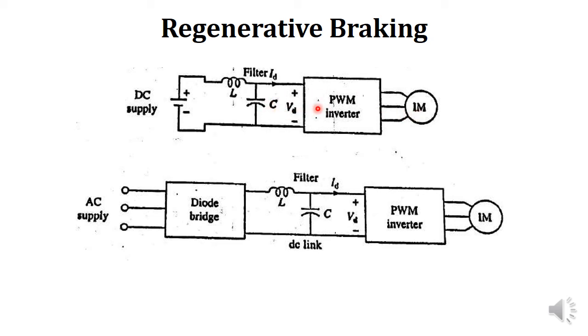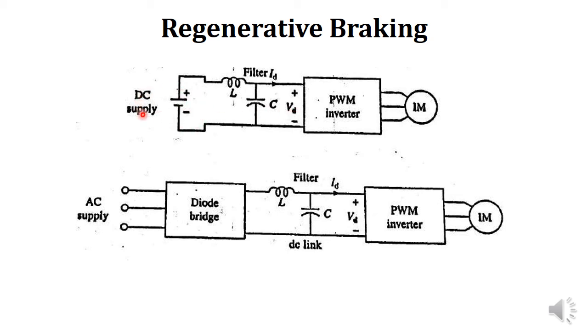So during motoring, the current is positive, and during braking, the current flows in the negative direction, and the current will be fed to the DC supply, providing a negative flow of current. The power flow becomes negative. So this DC supply has an inherent capability for regenerative braking. This supply allows regenerative braking.